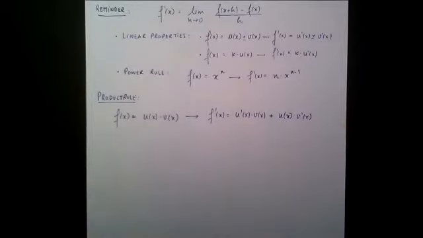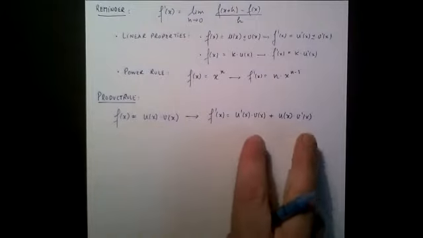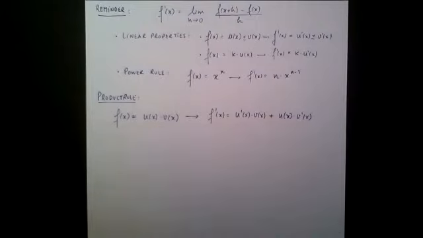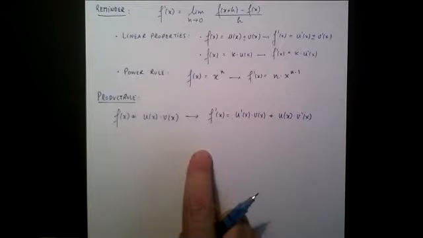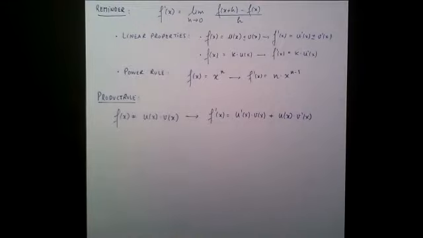So that's weird, but that's what happens in the case of the product. If you want to find the derivative of a multiplication of two functions, this is how you derive. Okay, and we're going to prove this, but before that, let's do a few examples to see how this works.